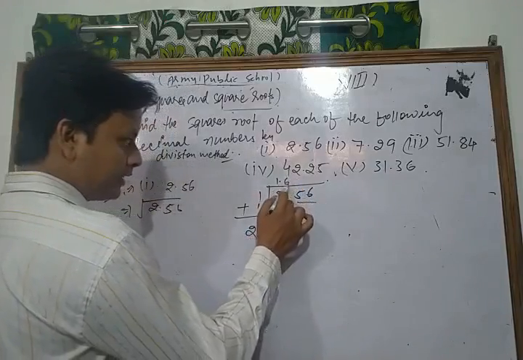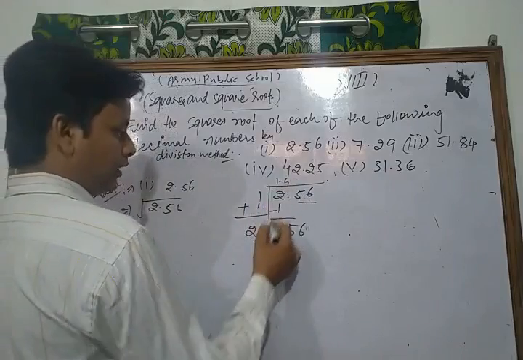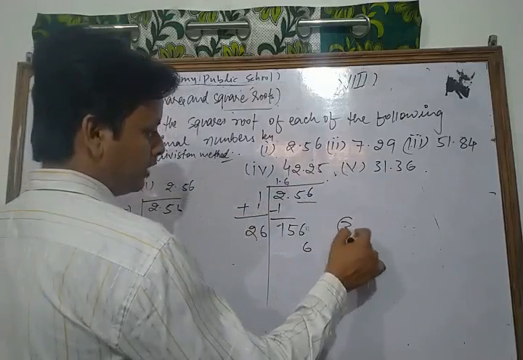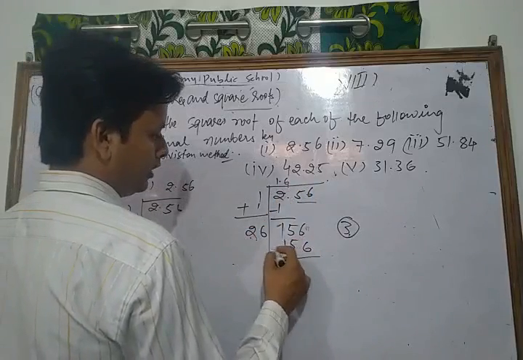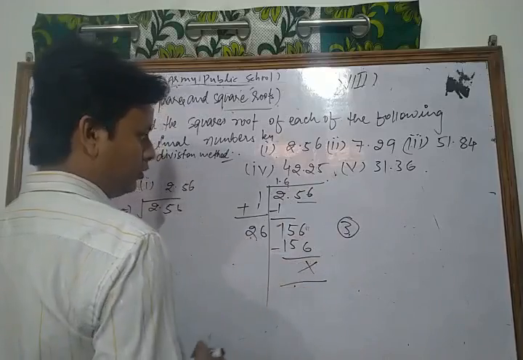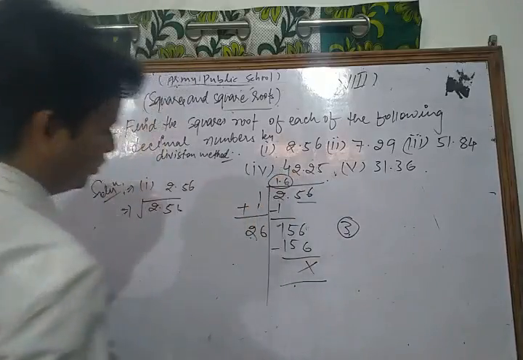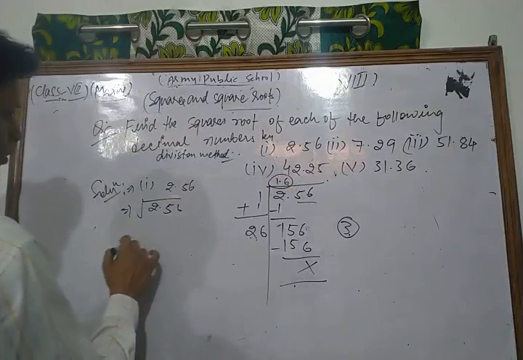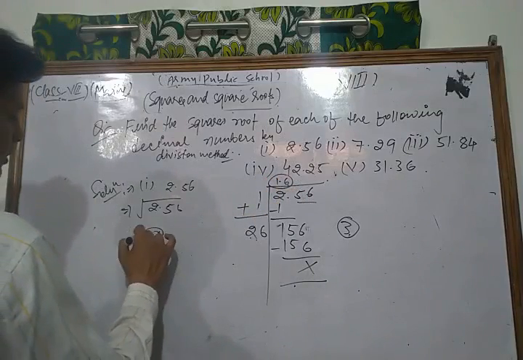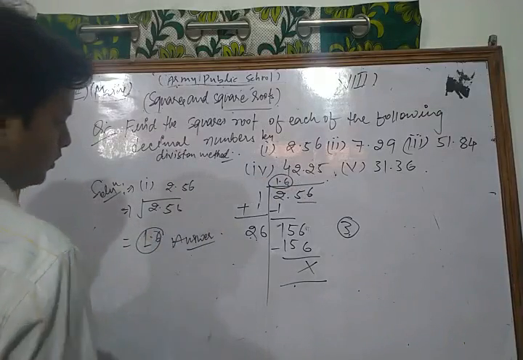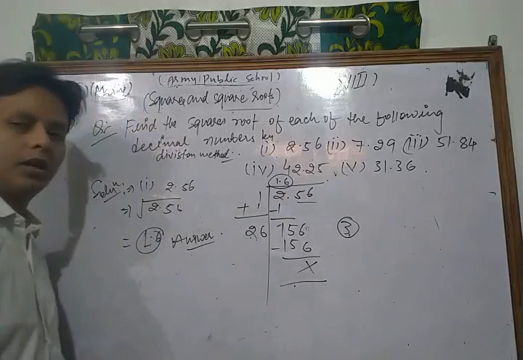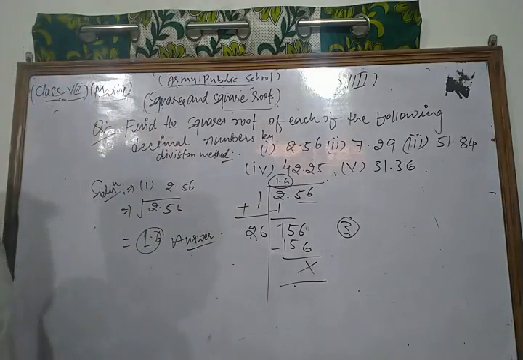Now we multiply 6 by 26. 6 sixes are 36, carry 3, 6 twos are 12, 3 is 15. Now subtracting, the remainder becomes 0. Thus the final quotient is the square root of the given number, 1.6. So this is the required solution of the given question.